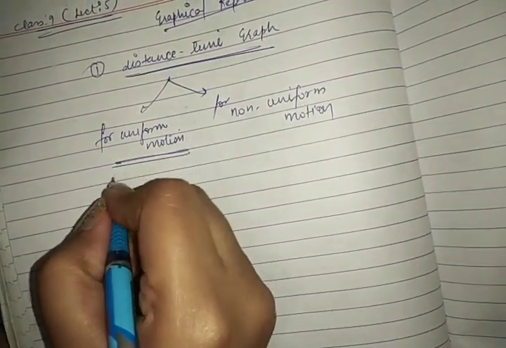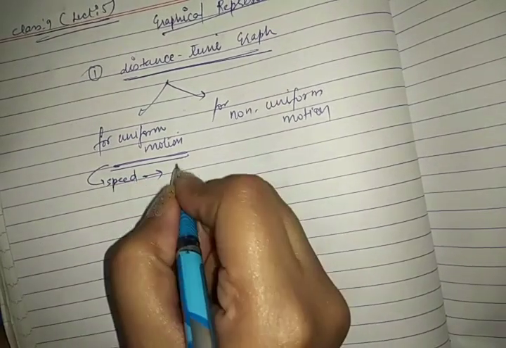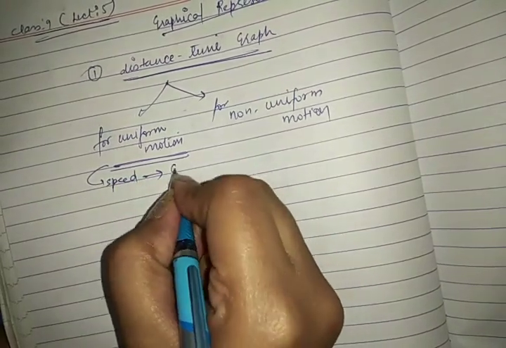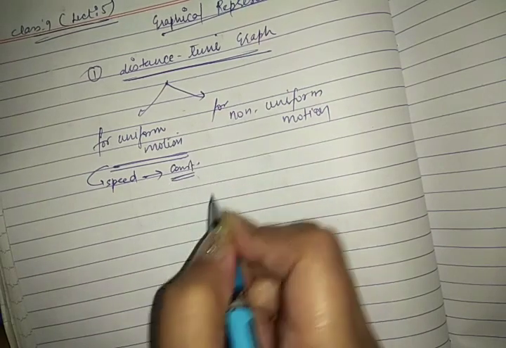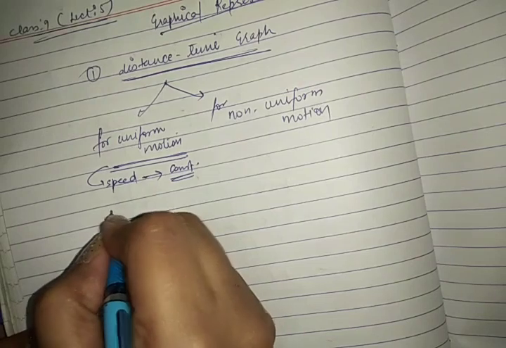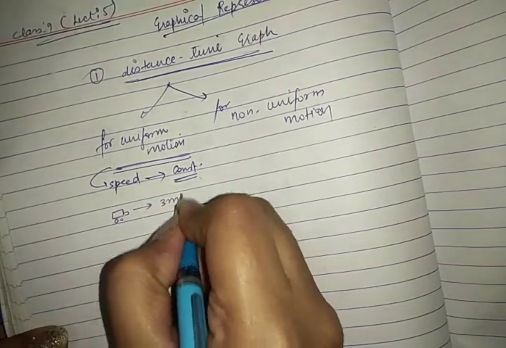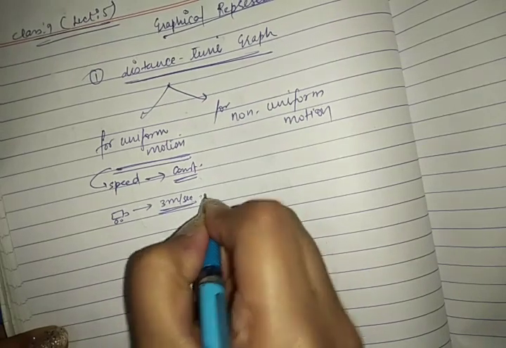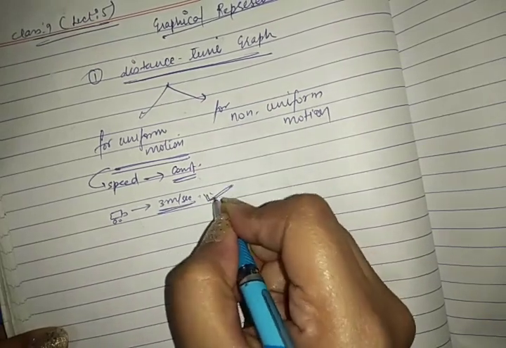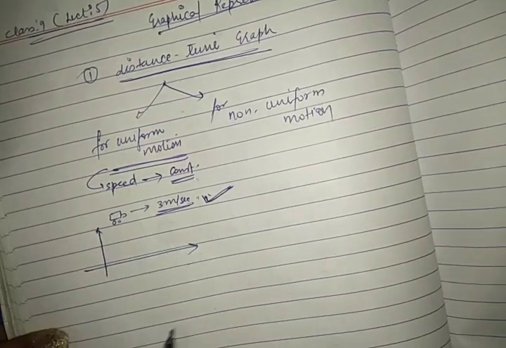For uniform motion, the speed remains constant throughout the journey. Means if an object is traveling with some velocity, 3 meter per second, then it keeps traveling with this speed only, no matter what the time is.